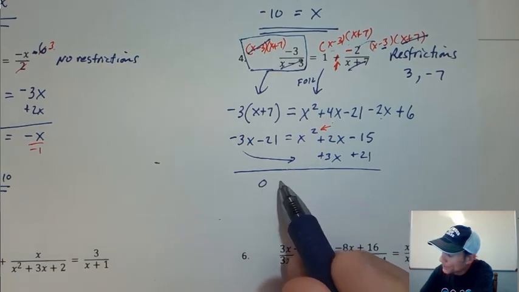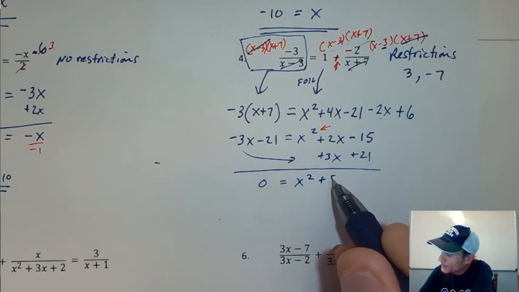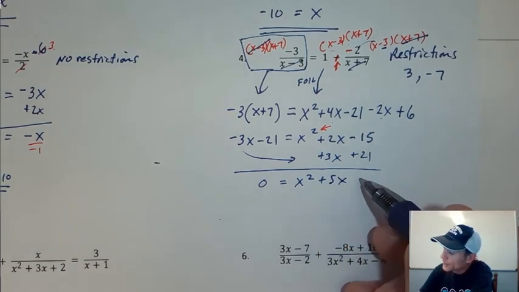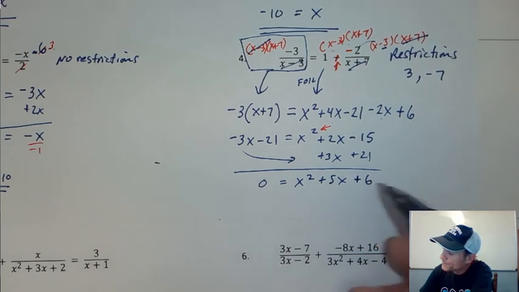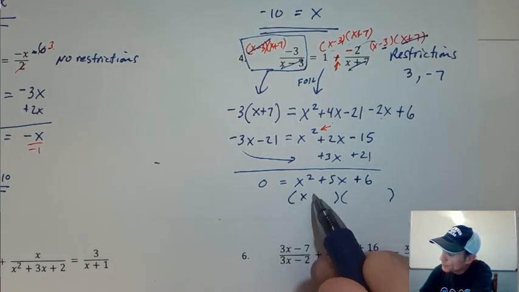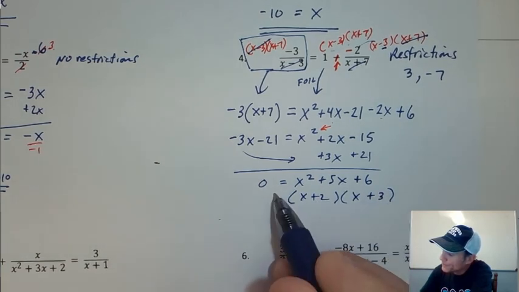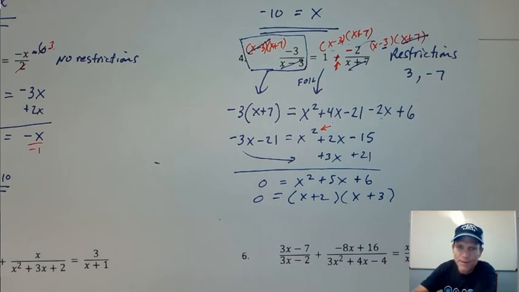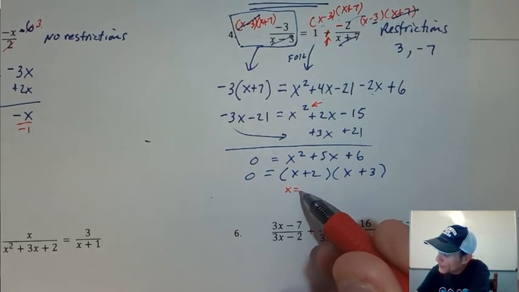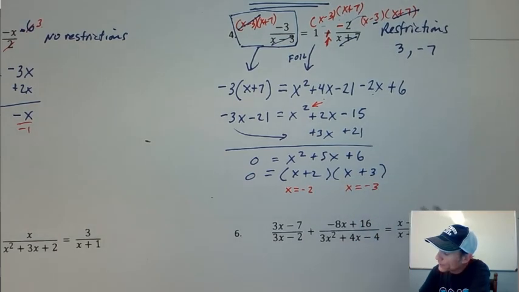I have 0 equals x squared plus 5x plus 6. Factor this: x plus 2, x plus 3. And then from the zero product property, I get x equals negative 2, x equals negative 3.